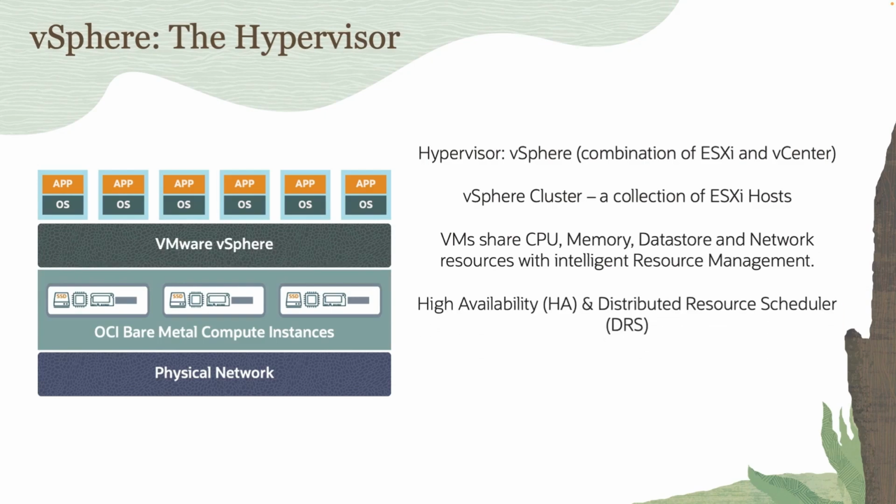There are a few primary features in a vSphere cluster: high availability or HA, and distributed resource scheduler or DRS. vSphere HA provides high availability for virtual machines within the cluster.